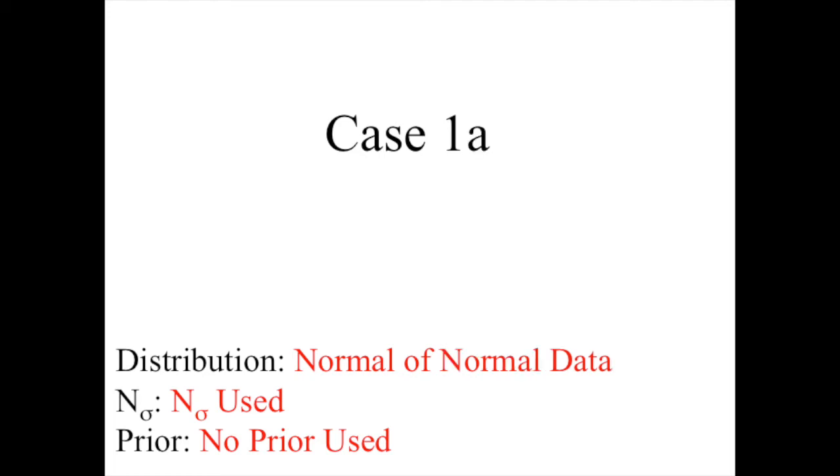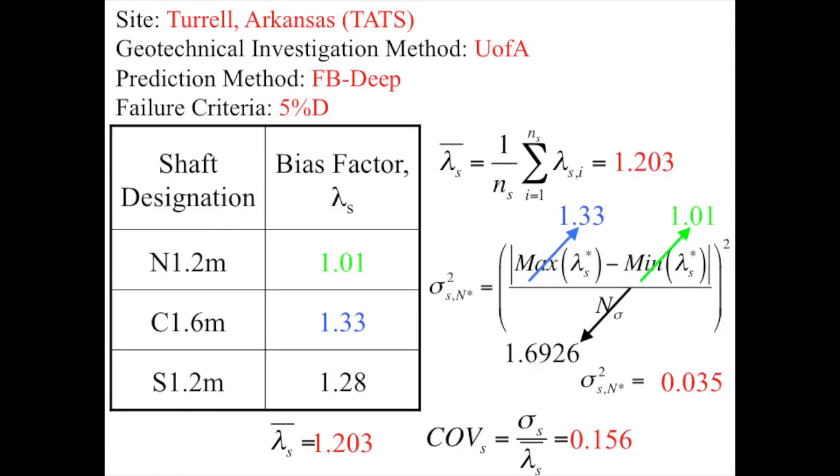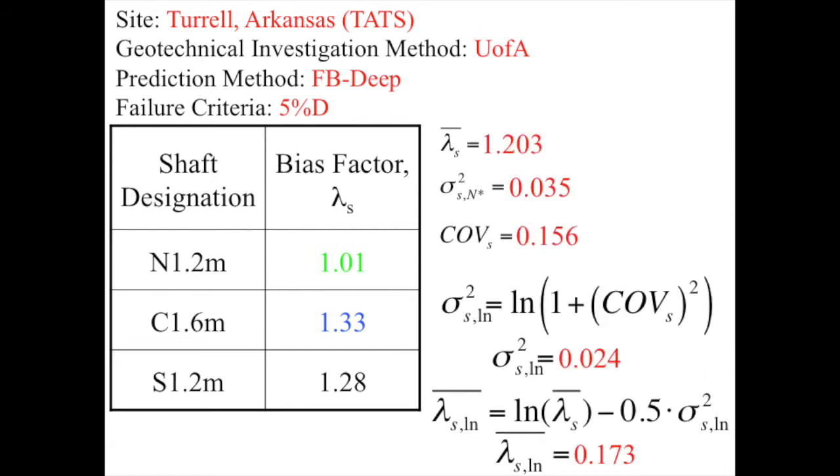For case 1A, the average value of the bias factor was 1.203, and it was the same as the value that was presented in case 0A. But the n-sigma obtained variance value of 0.035 was larger than the variance value of 0.029 that was presented in case 0A.